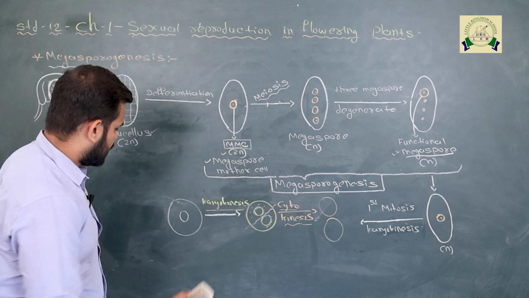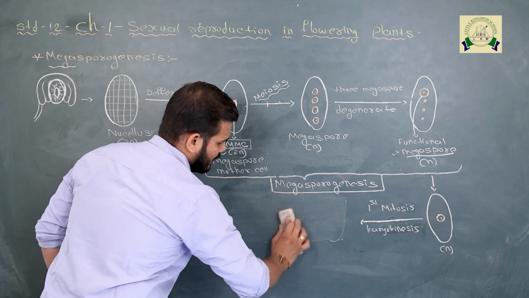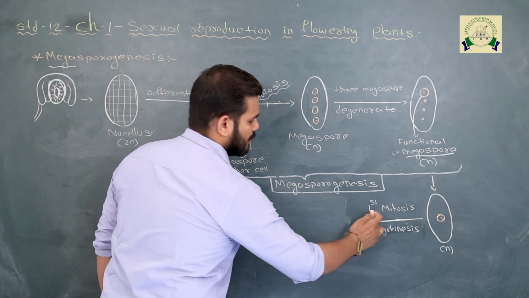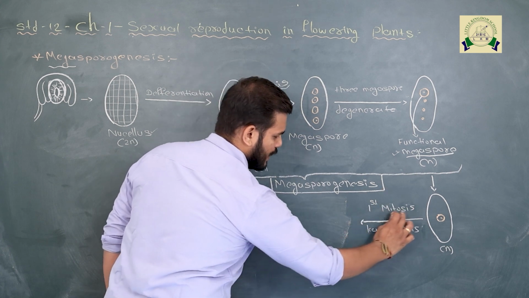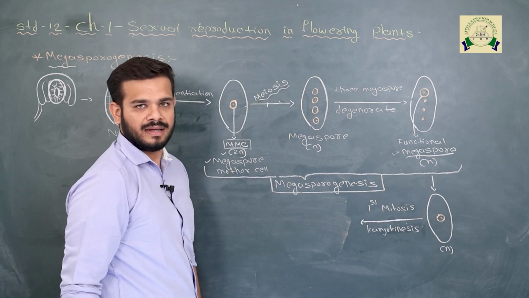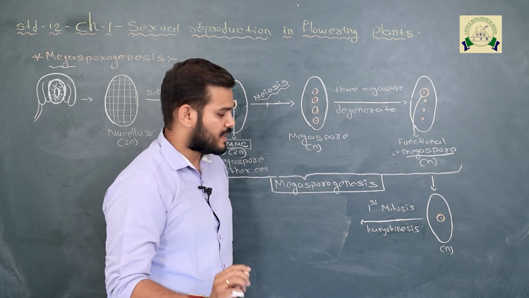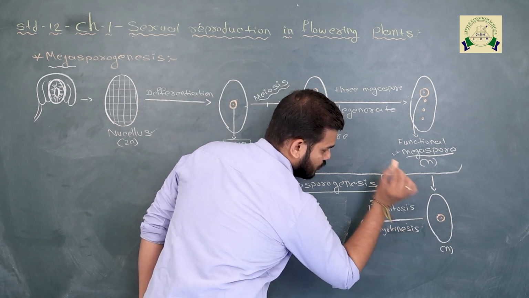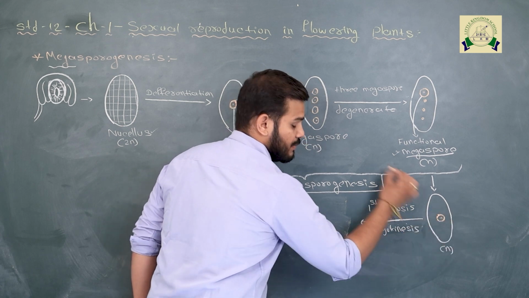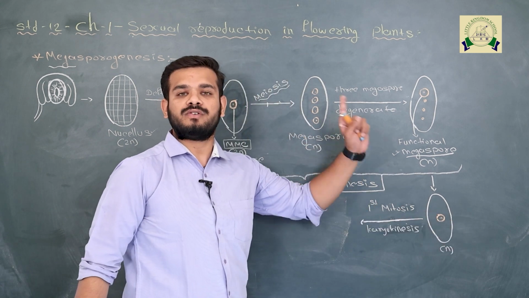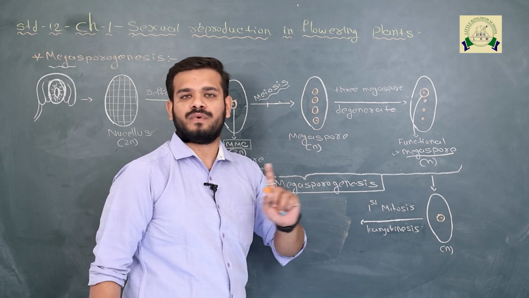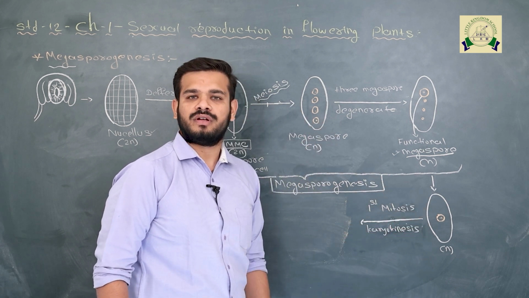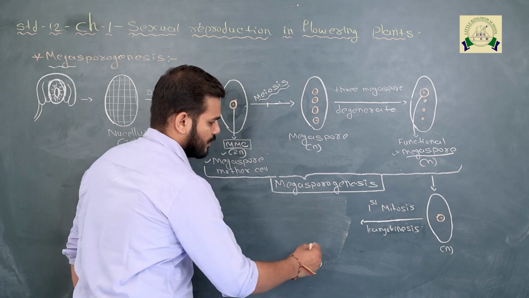So this kind of logic is applicable in this process. So first mitosis, but only and only karyokinesis. As a result of karyokinesis, only the nucleus present inside the functional megaspore is going to divide, not the whole megaspore, not the cell. Only the nucleus is going to divide. Clear? Let's see.